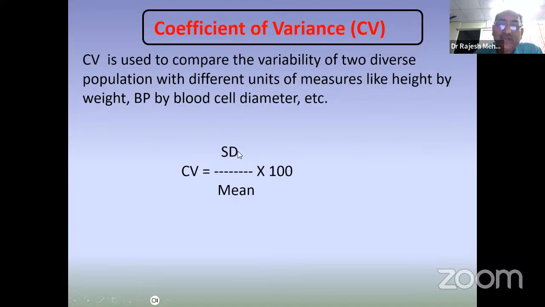If suppose the standard deviation is 1 and the mean is 100, then it is a very small standard deviation. So with the coefficient of variation, if the standard deviation is more, that means more variation. If the standard deviation is less, it is less variation. So the coefficient of variation in terms of the mean is important to show that your data has less variation.